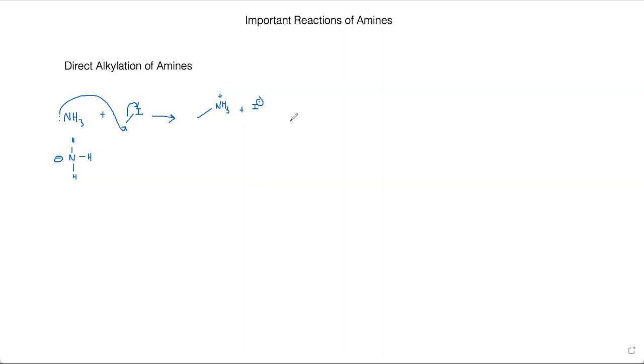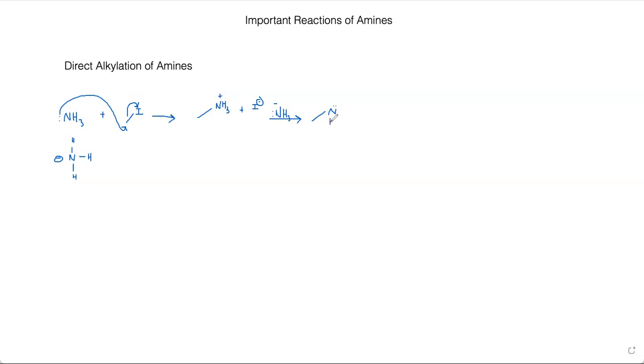Now we're going to introduce more NH3 into solution. That's supposed to be an N, sorry. All right. And then basically what's going to happen is that we're going to form something like this. We'll have our CH3, our methyl group here, bonded to our nitrogen, which is going to become NH2.